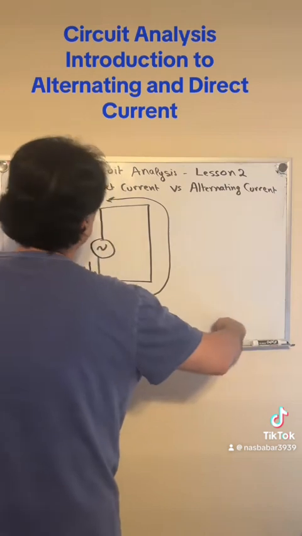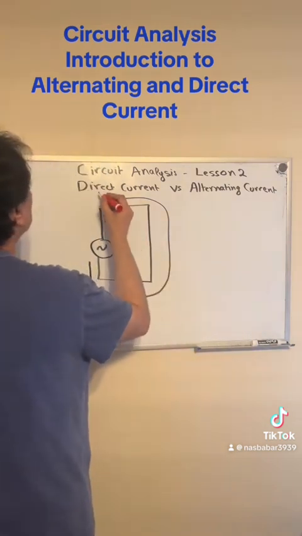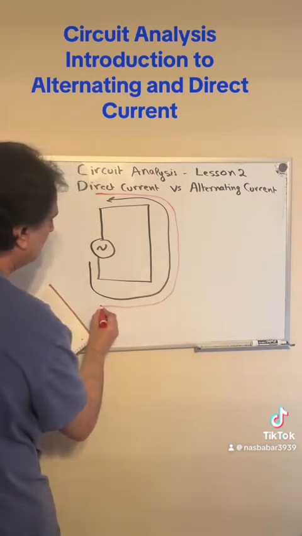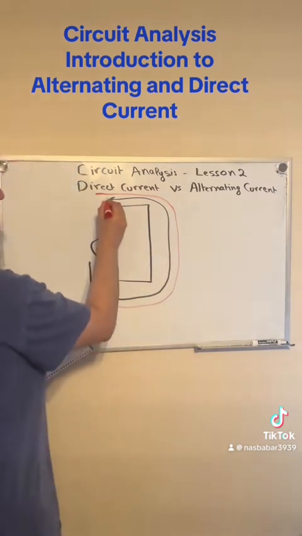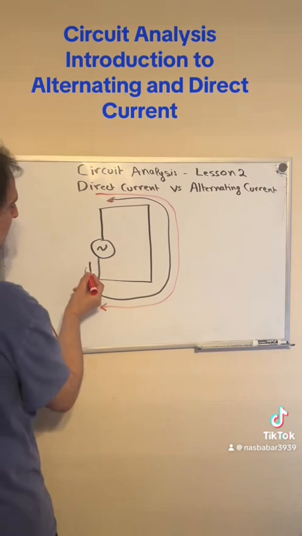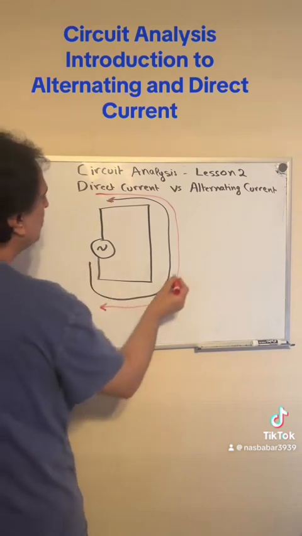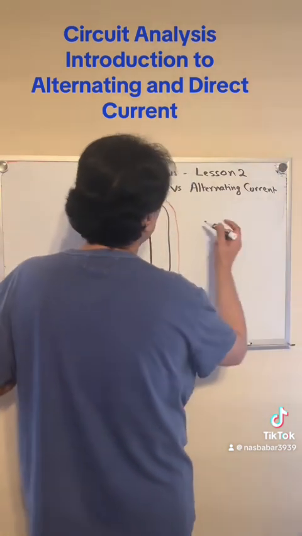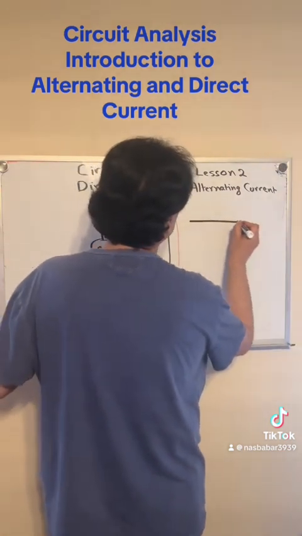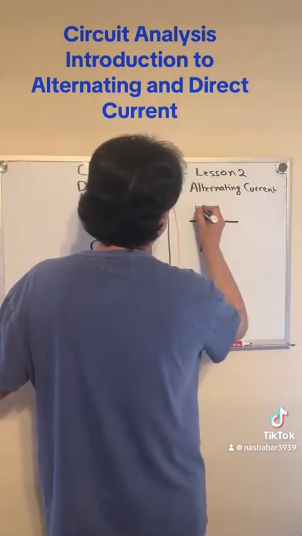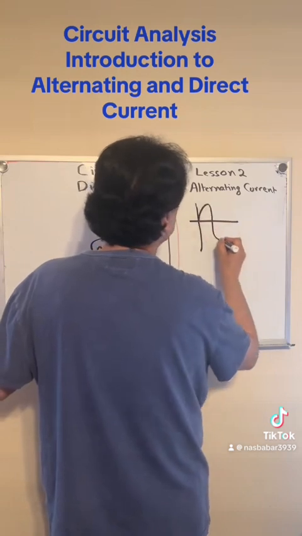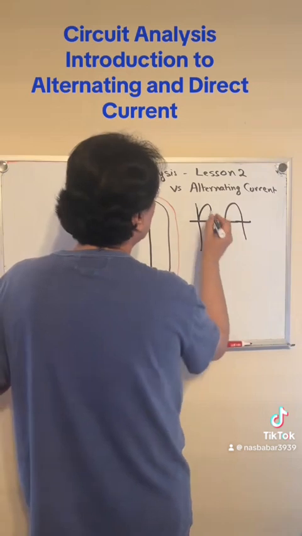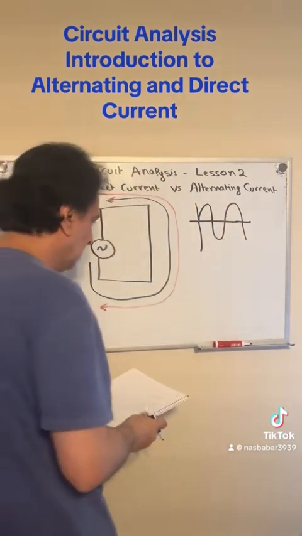And then it goes in the other direction also. You see that it's going from bottom to top and then from top to bottom. That is exactly what I mean when I say there is a sinusoidal wave, this right here. So you have a positive peak, a negative peak, and so forth.